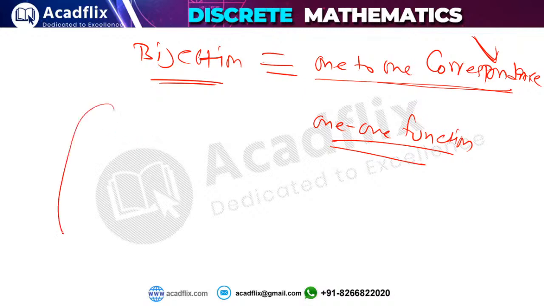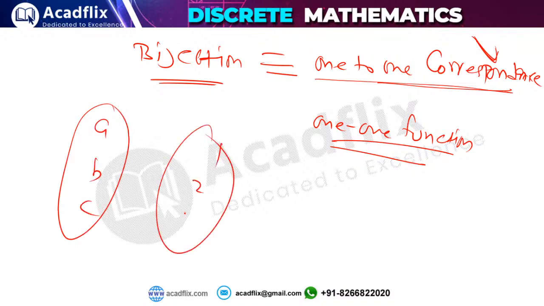Why do we call it one-one correspondence? Because in a bijection, everyone has a partner.